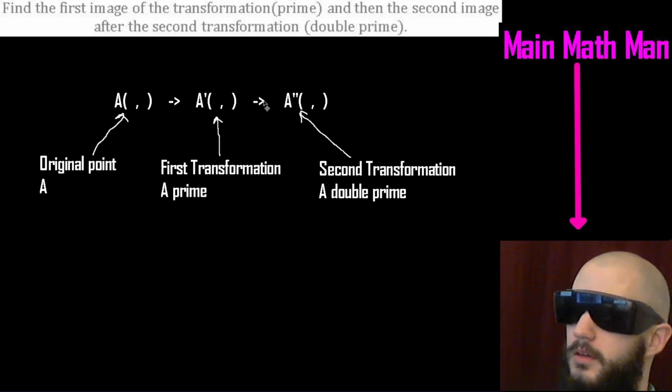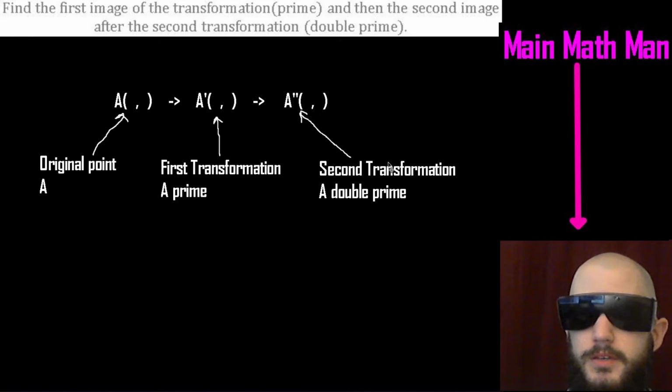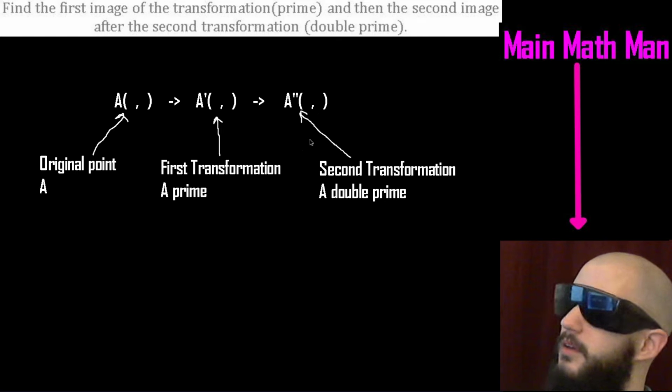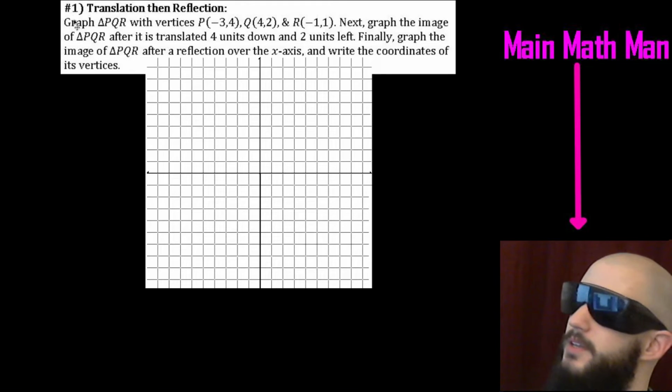Then, sequentially, you make a second transformation, and so now you have A double prime. So please make sure you're seeing this more than anything else.